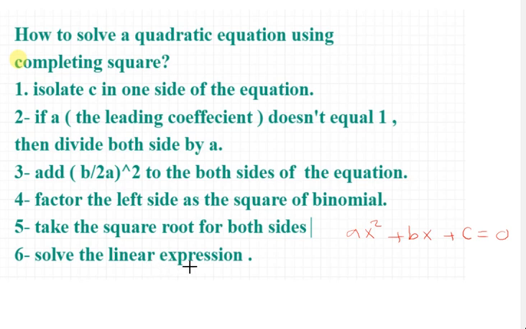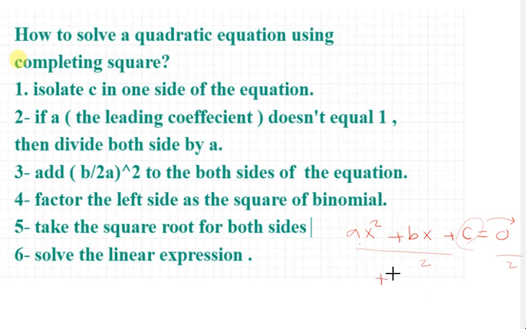So in this method, completing the square, I have to isolate c and take it to the other side of the equation. If a is not equal to 1, then I have to divide both sides by a. Then there will be a term I have to add.